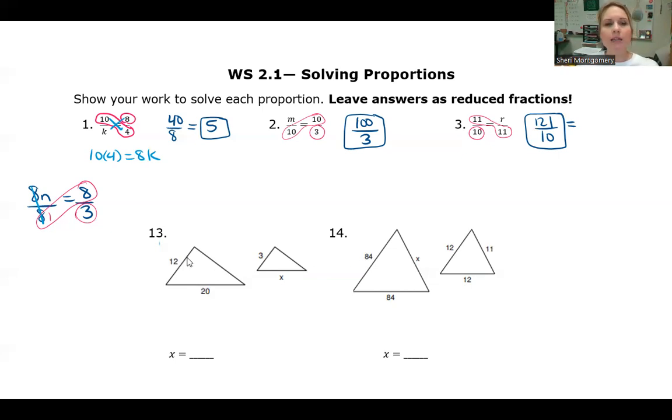They should look similar. That's why they're called similar figures. These set up like a proportion as well. The only problem is sometimes it's confusing to know where the parts go. So what we're gonna do is set it up and mark our triangles.